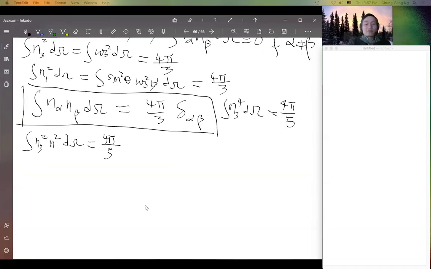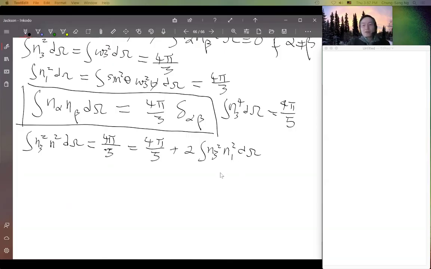So you can write this as 4 pi over 5 equals the 4 pi over 5 from n3 to the fourth, plus 2 of these, n3 squared n1 squared d omega.